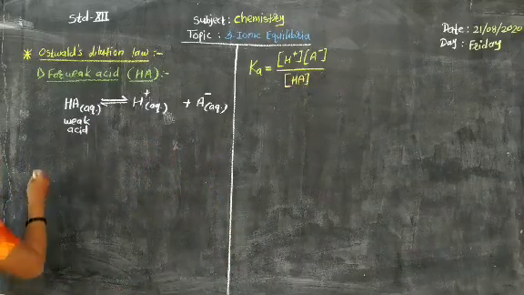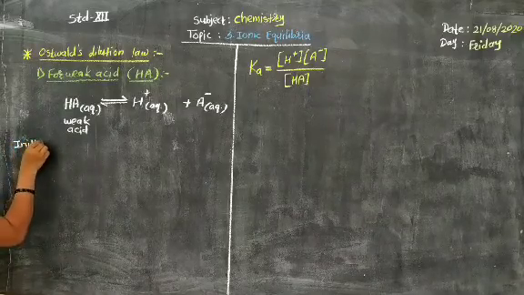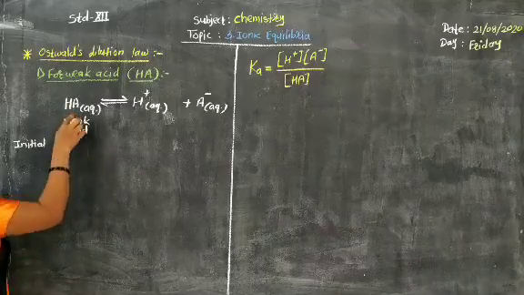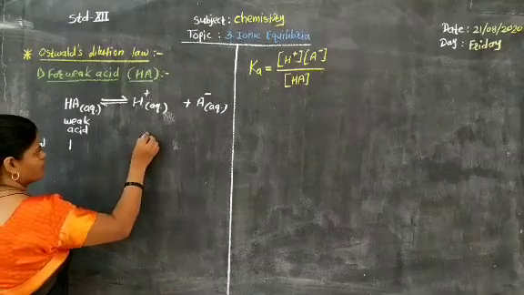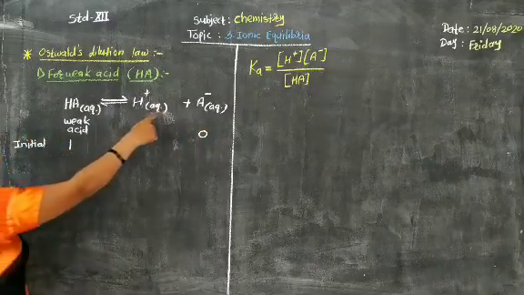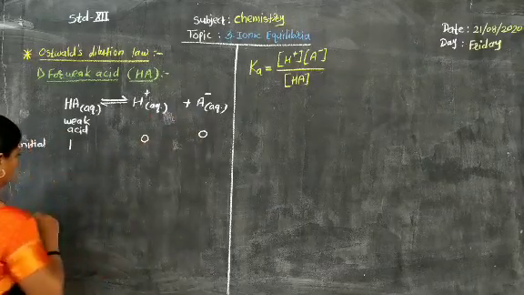If we consider the initial reaction at 0 time, if 1 mole is the total concentration of weak acid, then at 0 time there is no product formation. Therefore, concentrations of H plus ion and A minus at the initial level will be equal to 0.